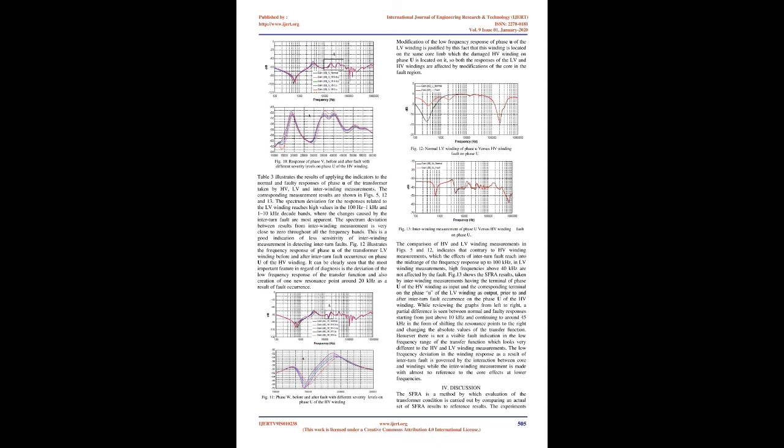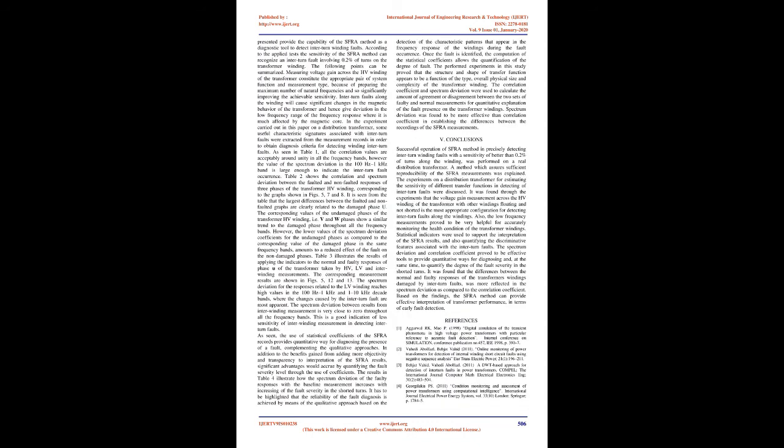Modification of the low-frequency response of phase U of the LV winding is justified by the fact that this winding is located on the same core limb on which the damaged HV winding on phase U is located, so both the responses of the LV and HV windings are affected by modifications of the core in the fault region. Fig 13, interwinding measurement of phase U versus HV winding fault on phase U.